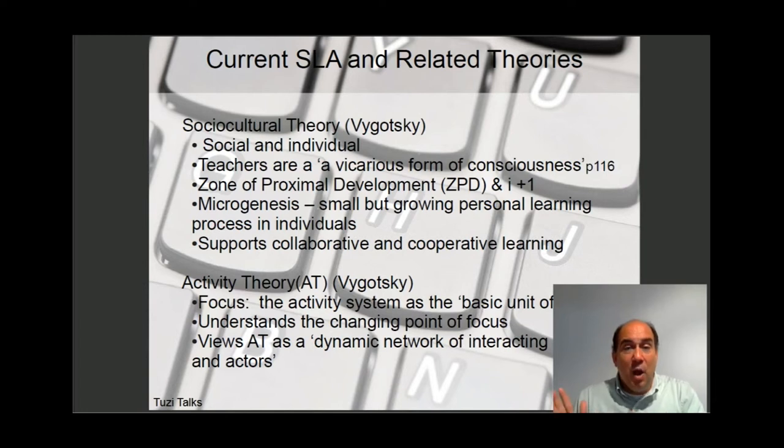We're moving away from what's going on in the brain and how language is learned. We're moving on now to, let's focus on this activity and how you guys are working together to do that. And so activity theory is now a dynamic network of interacting elements and actors, okay? We're no longer necessarily talking about language, although some of the elements involved are going to be language elements.